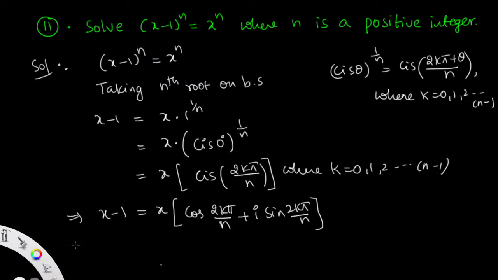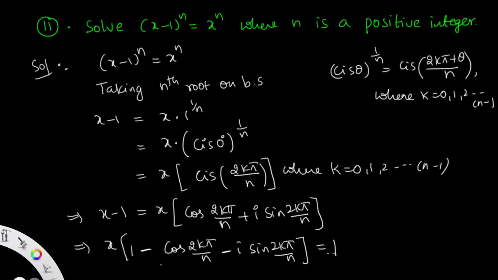To find x, put the x terms on one side, the remaining terms on the other side. Taking x common, you get x into (1 minus cos 2k pi by n minus I sin 2k pi by n) equal to 1.